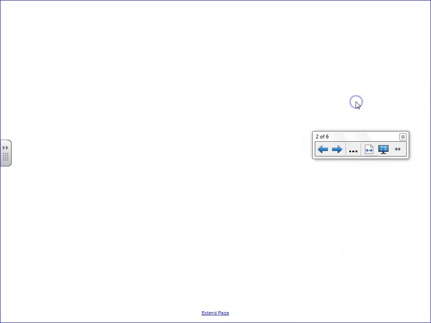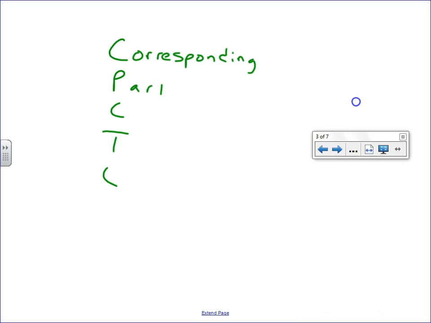So we have this abbreviation known as CPCTC. If I know triangles are congruent, I know any of their corresponding parts will be congruent as well. So corresponding parts of congruent triangles are congruent.